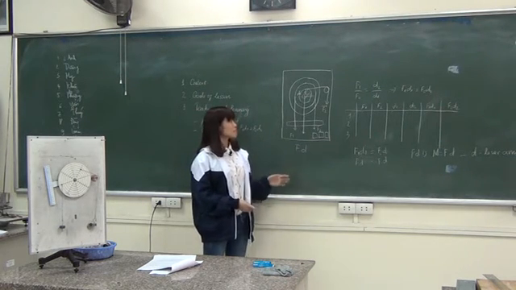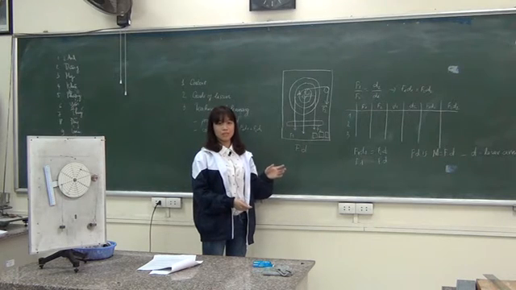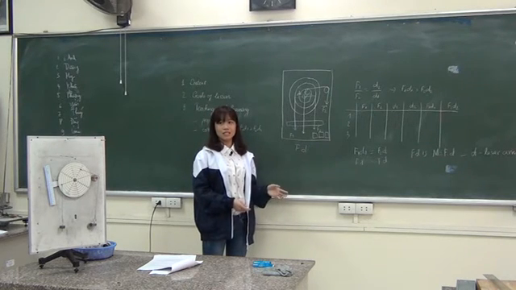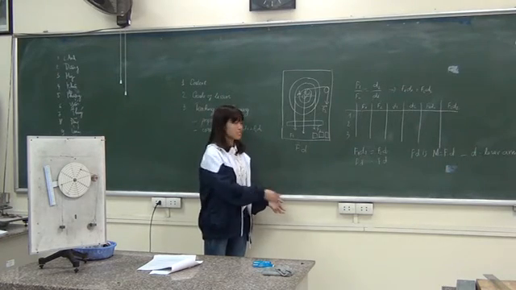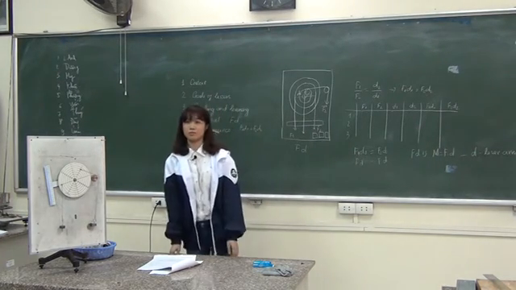But we don't have any equipment to measure the turning effect, so we have to deduce the consequence that F1 D1 equals F2 D2.